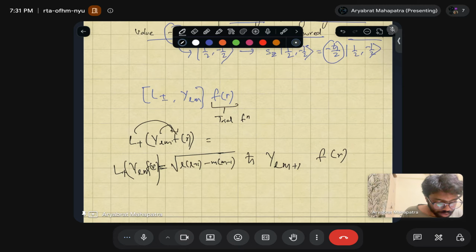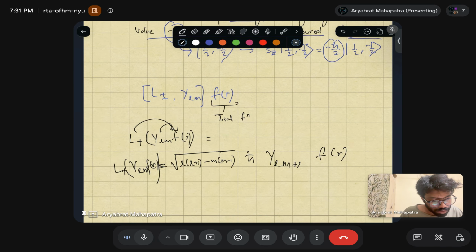Okay, so then I have to substitute the expression for L plus, write here YLM, expand this commutator, and then operate on f of r. Then I will cancel off f of r from both sides, and then I will find the relation. You just have to know what happens when L plus acts on YLM.